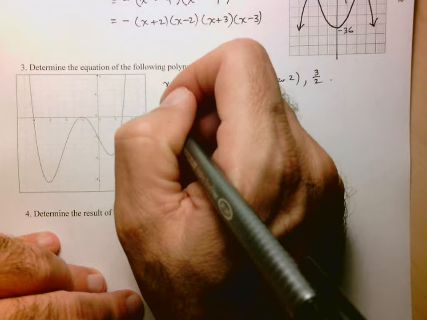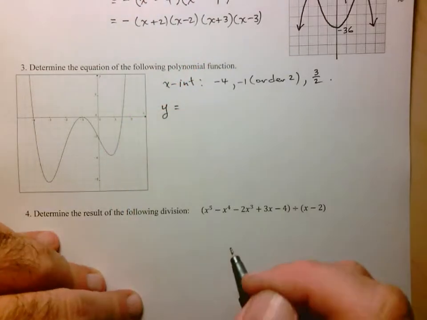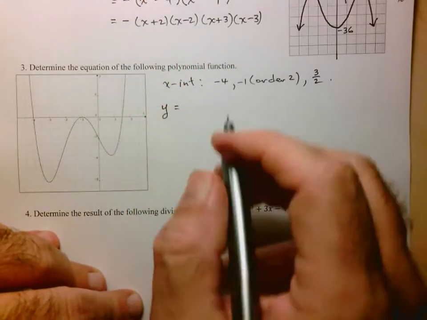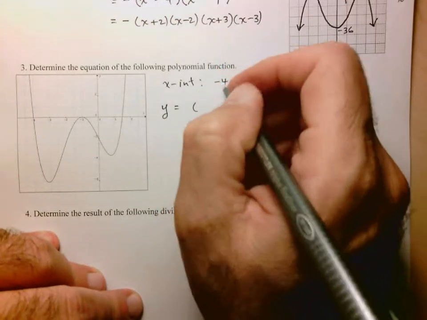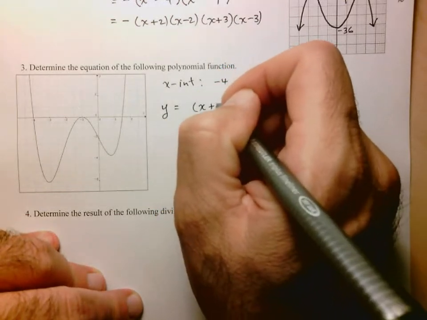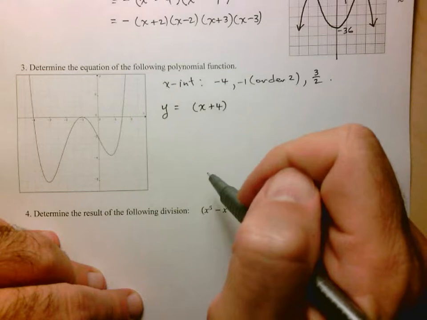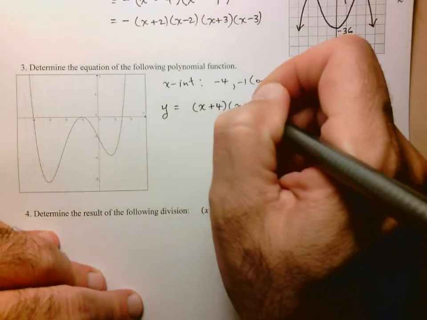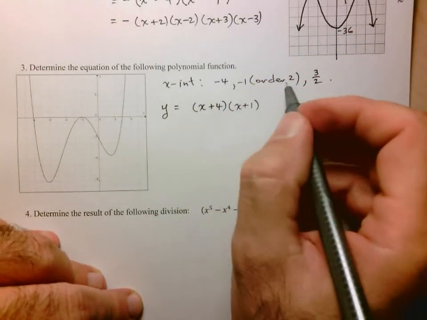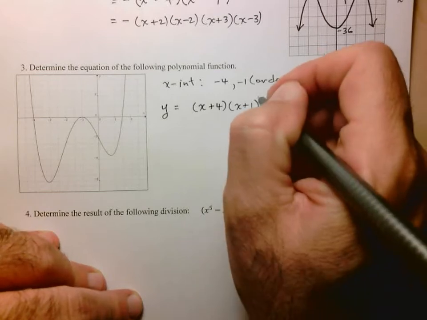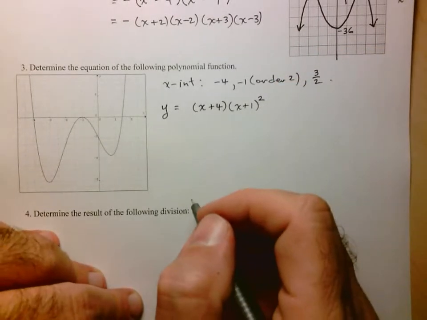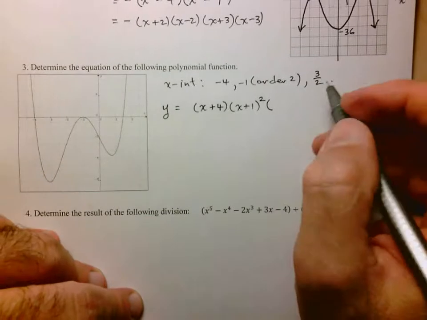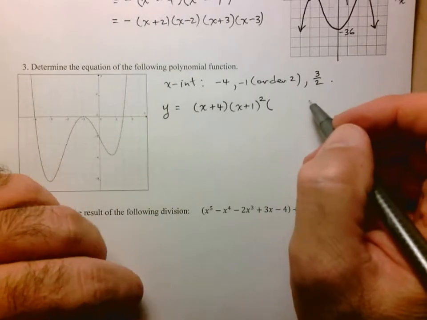So let's write what a family of functions with these x-intercepts would look like. Okay, so I need my x plus 4 for my 0, negative 4. I need an x plus 1 for my 0 of negative 1, but since it's order 2, this is going to be squared. Now here I could write x minus 3 over 2.